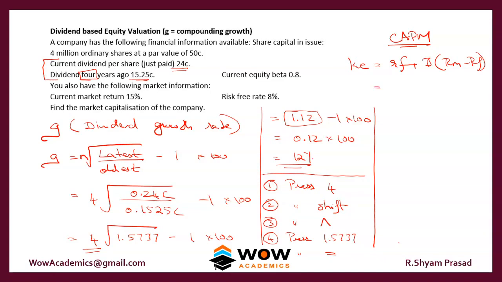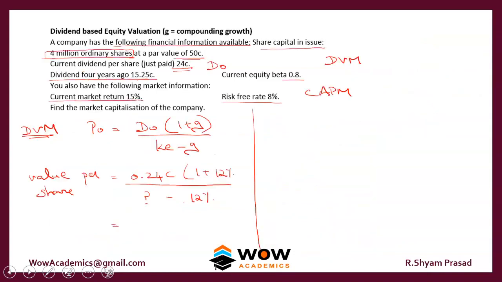So this is the formula. Our RF is 8%, our beta is 0.8, our RM is 15, and RF is again 8. So solve this, you will get the answer. This comes to 8 plus 5.6. We have solved it, so that comes to a total of 13.6. So that is our KE.